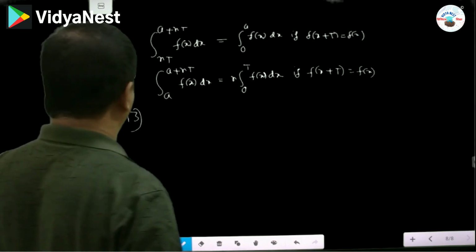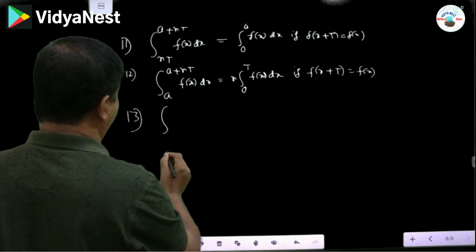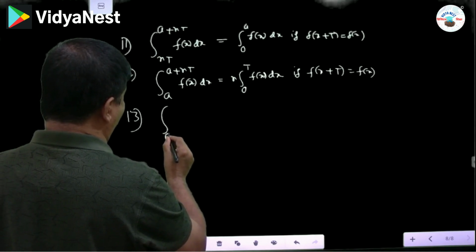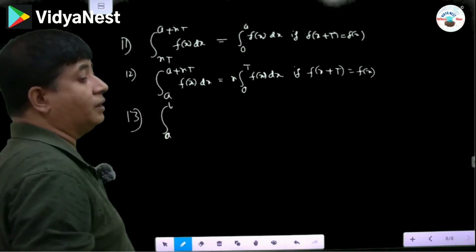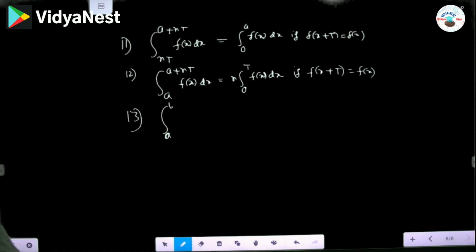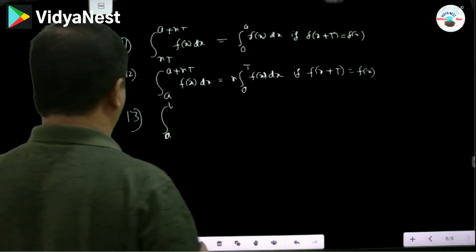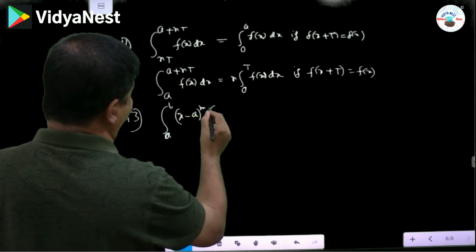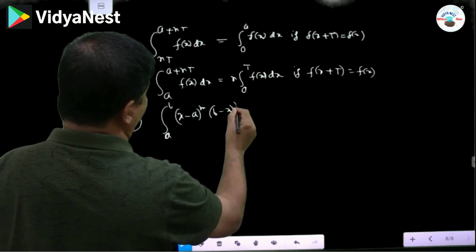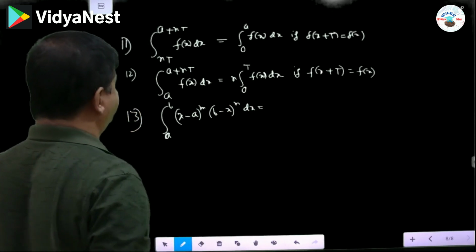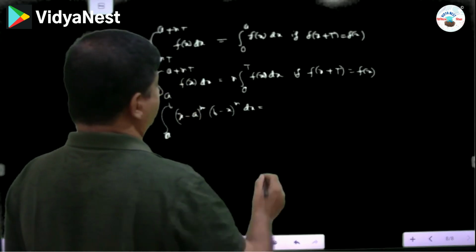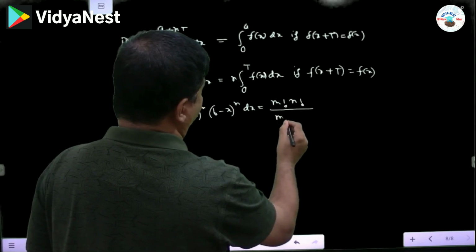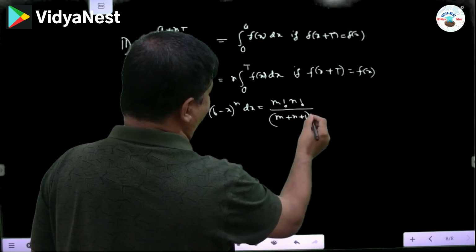What is that property? See, if you get integration of a to b, x minus a whole to the power m, b minus x whole to the power n, that will be equal to factorial m factorial n by m plus n plus 1 factorial.